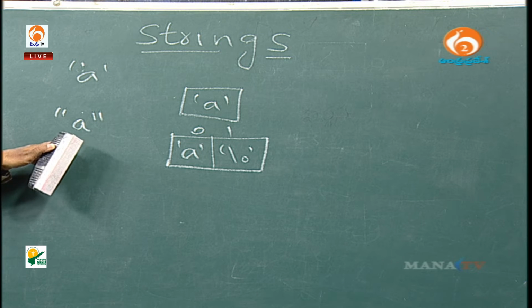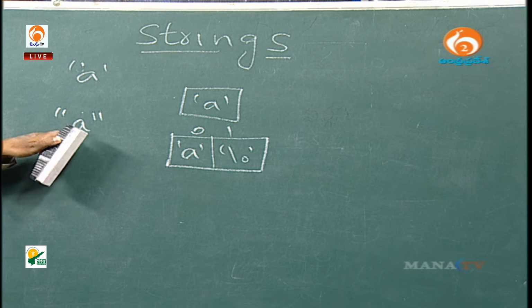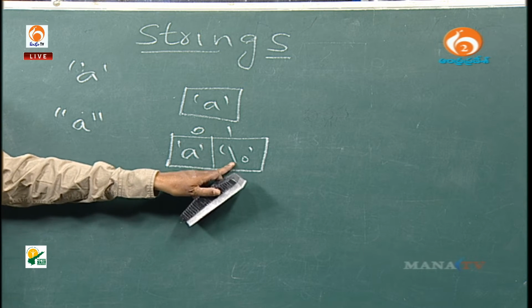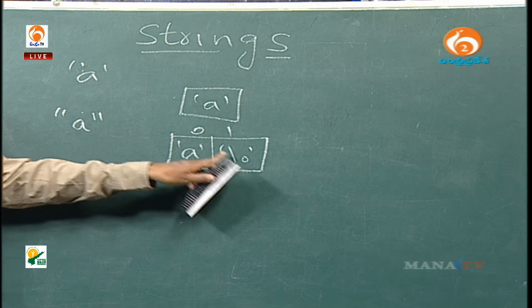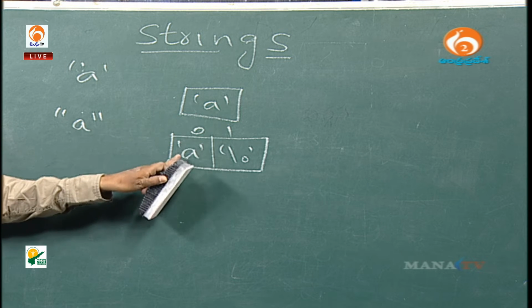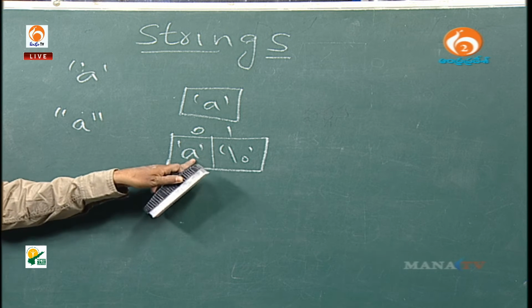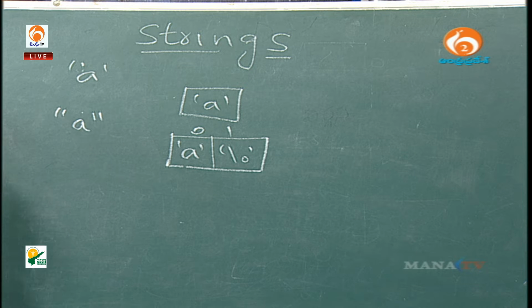This is an array of characters with 2 elements. It is a character constant, and it is an array of characters with 2 elements, elements meaning values. That is the meaning of that one.